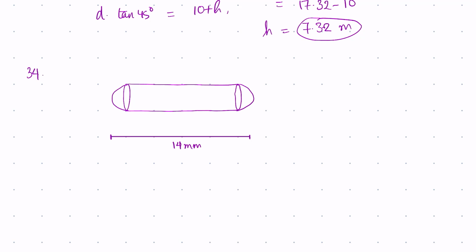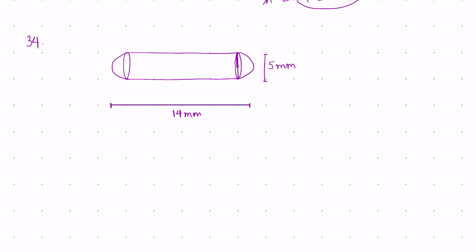And the diameter of the capsule is 5 millimeters. So the diameter, this distance, is 5 millimeters. So we find out the radius, which is this distance. Radius is nothing but 5 millimeters divided by 2, which is 2.5 millimeters, right?